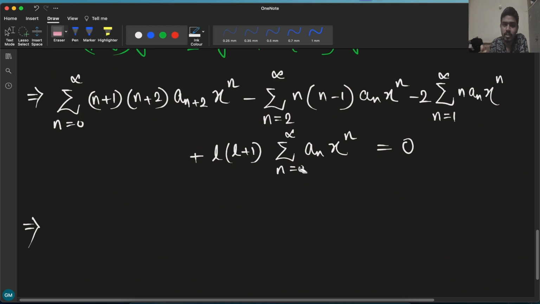What we need to do is start all the summations from n equals 2. But we cannot shift the index for that, because in that case the power of x will change. So what we will do is write out this term.